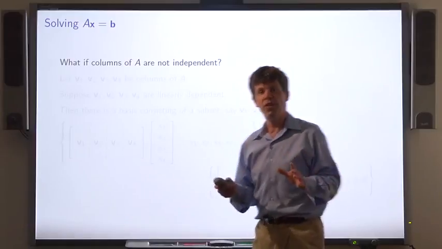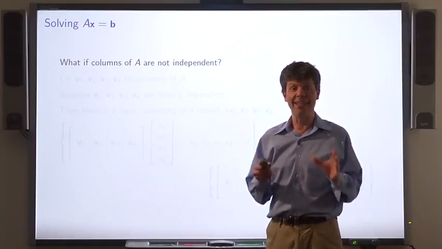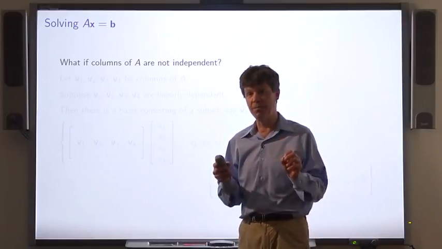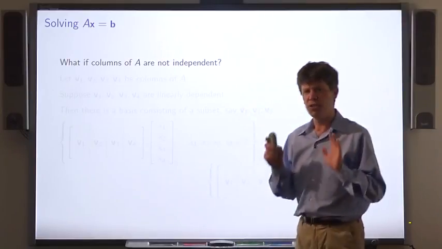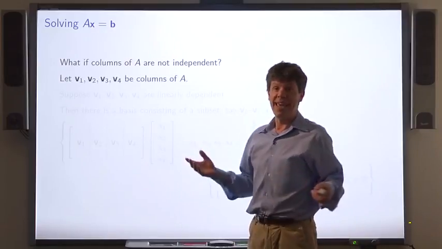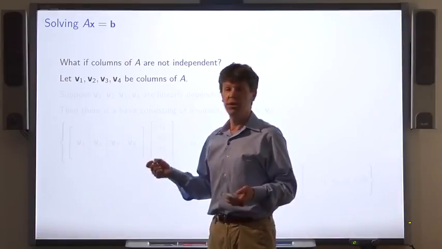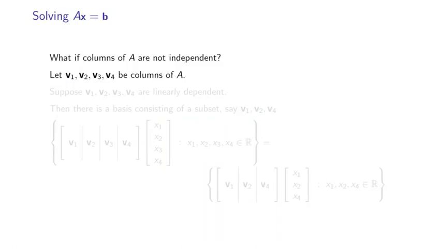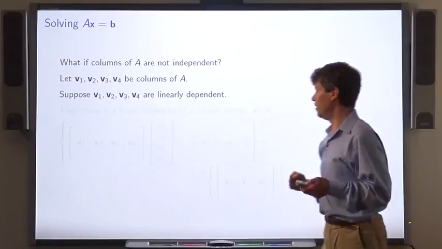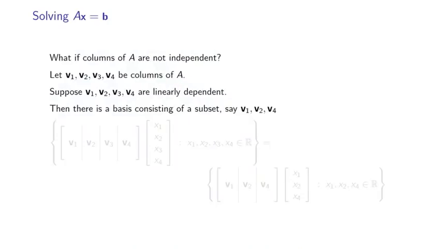We've seen how to solve a matrix vector equation Ax equals b, where A is square and its columns are linearly independent. What if the columns are not linearly independent? Here's an example. Let's say the matrix A consisted of the columns V1, V2, V3, V4, and these were linearly dependent vectors. Then there's a basis consisting of a subset of these, say V1, V2, and V4.